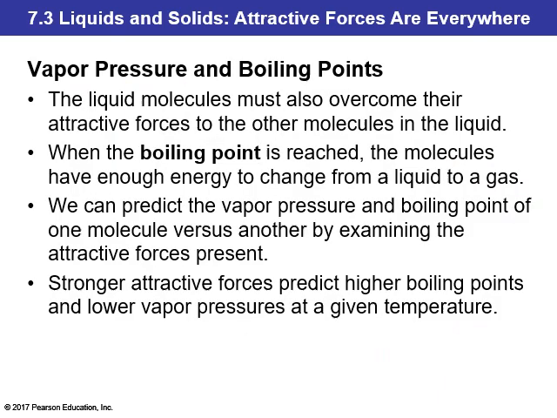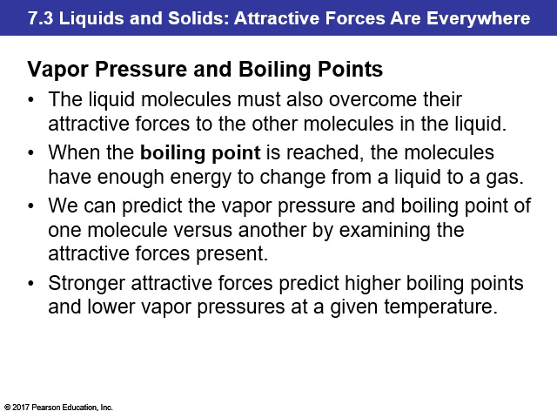What's actually happening is that those liquid molecules have gained enough kinetic energy to overcome their attractive forces to other molecules in that liquid. So the kinetic energy is overcoming the energy of those hydrogen bonds, dipole-dipole interactions, or London dispersion forces, whatever they are. When you reach that boiling point, the molecules have enough energy to change from a liquid into a gas.